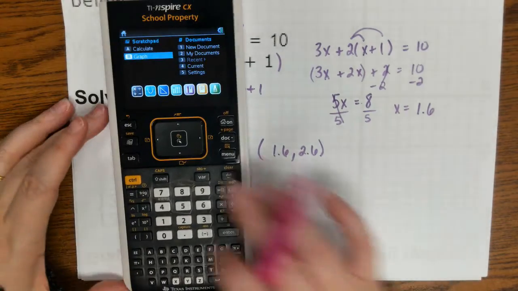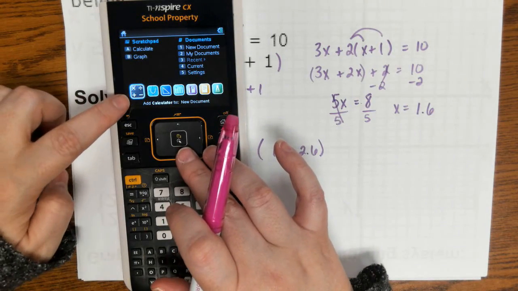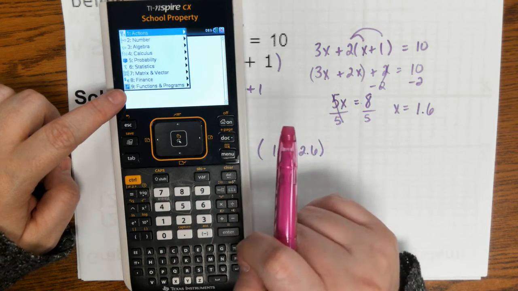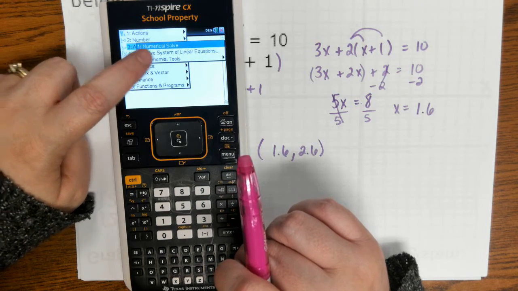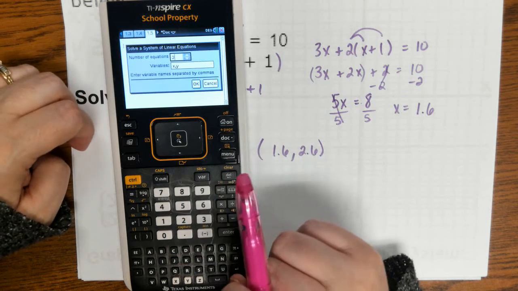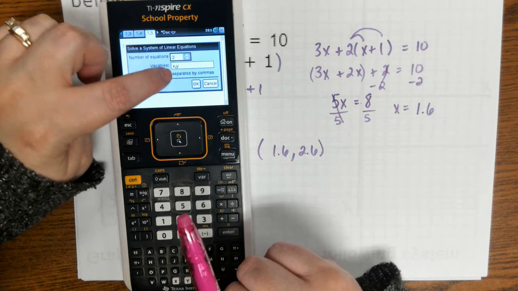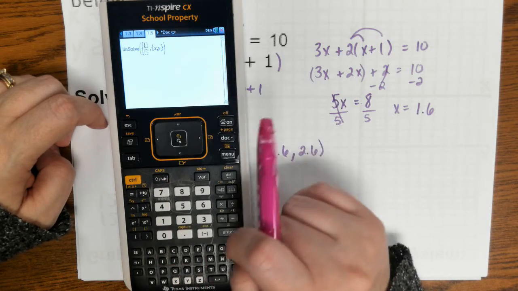All right, so remember, we go to our calculator screen. Focus. We go to our calculator screen, which is this button. We hit menu, and then algebra is 3, and then solve system of linear equations, which is 2. We want 2 equations with the 2 variables being x and y, which is pretty much what it usually says.